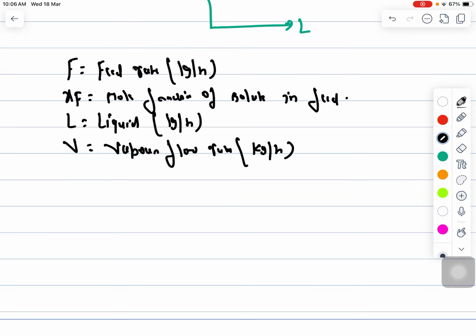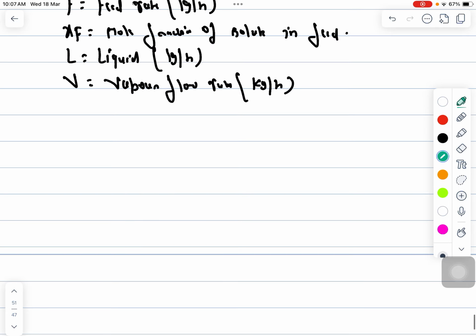Is that clear? If we perform the overall material balance, F equals L plus V. That is your first equation.